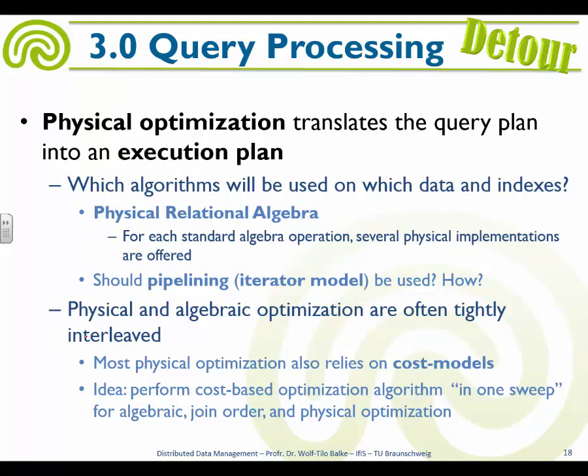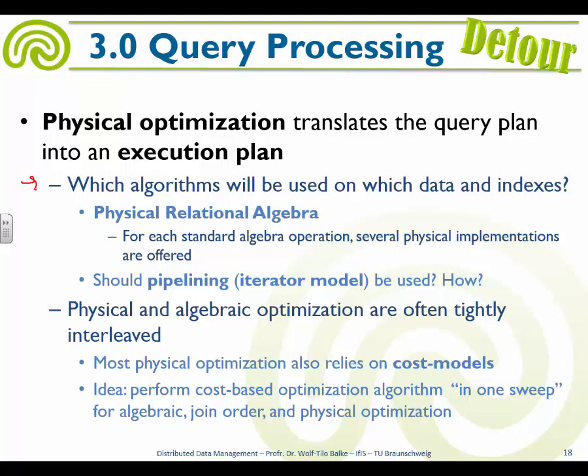At the end, physical optimization boils down to answering one simple question. Among all the algorithms that we have to execute the different operators from the relational algebra, which one should we use? Which data, which indexes? We need to decide on that. And secondly, we need to decide if it's possible to use pipeline.